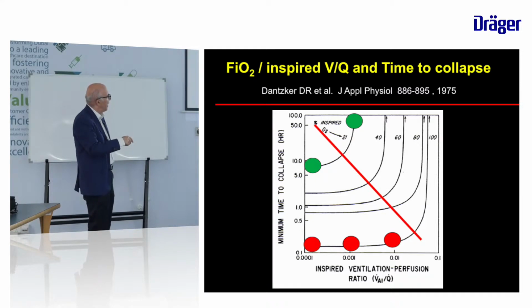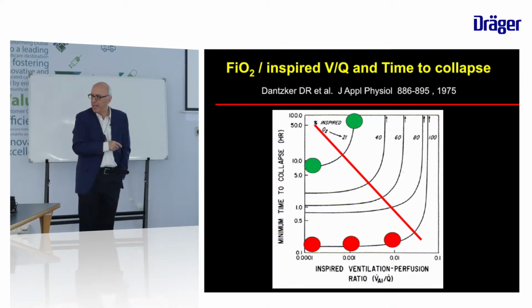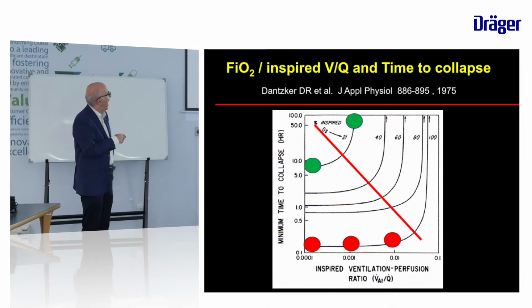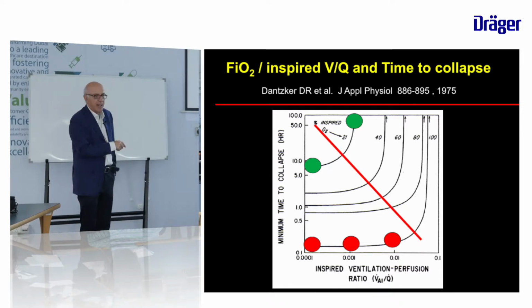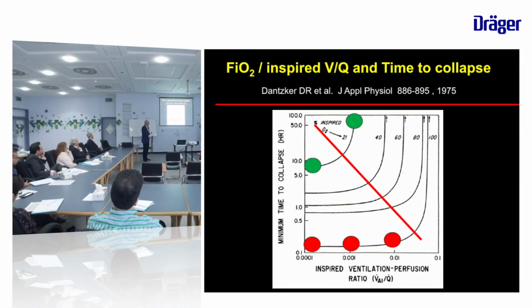You see that with higher or lower ventilation perfusion alveoli, you have a very short time before you collapse, okay? If you have a lower FiO2, of course, if the ventilation perfusion, which is the VA/Q, is high, you have no problem at all.